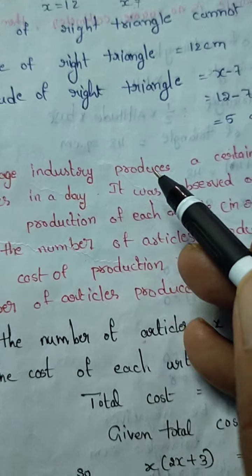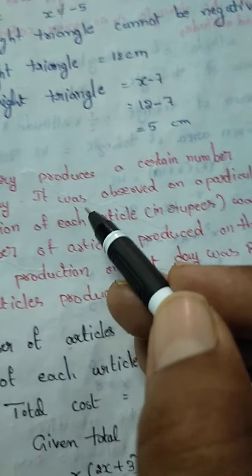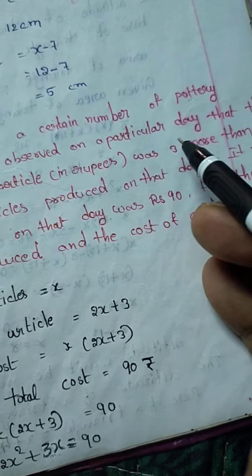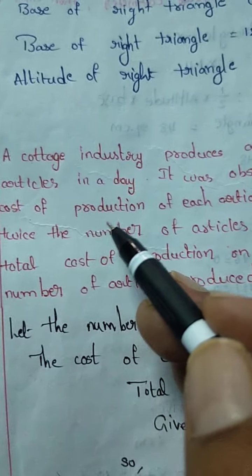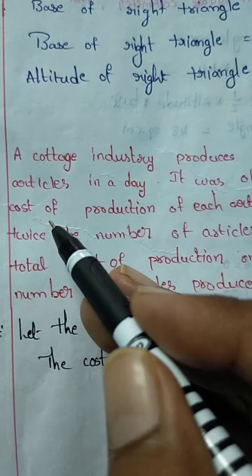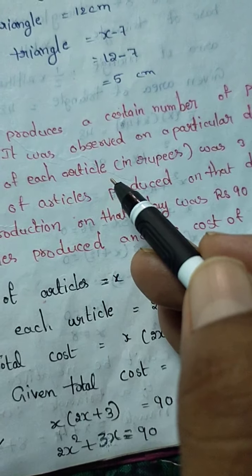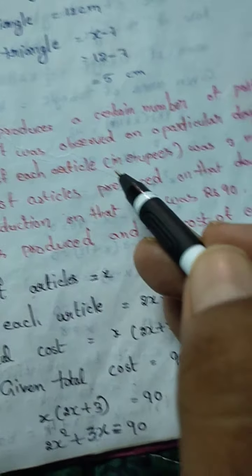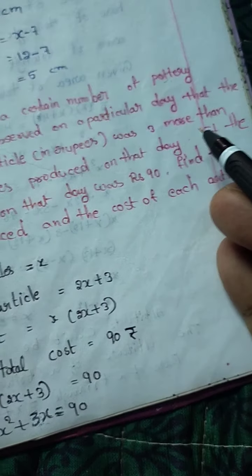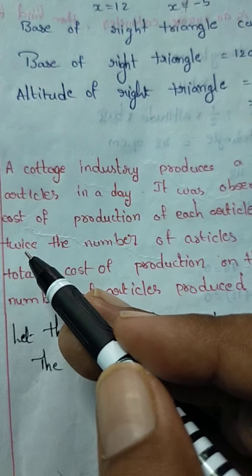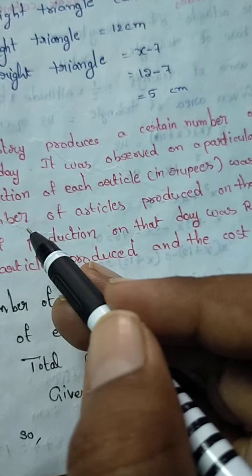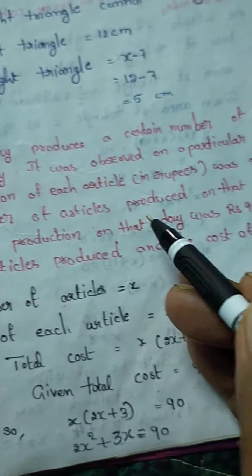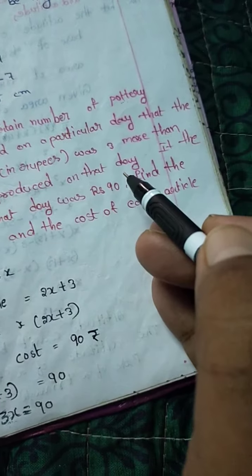It was observed on one particular day that the cost of production of each article was 3 more than twice the number of articles produced on that day. More means plus, and twice means 2 times.